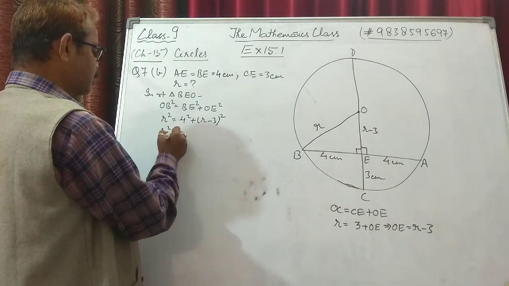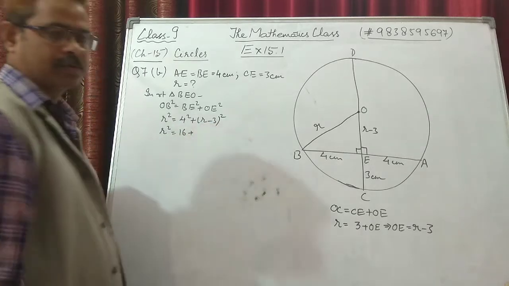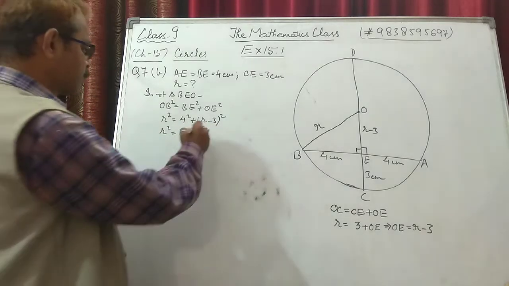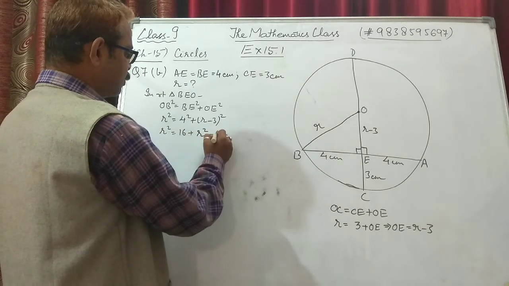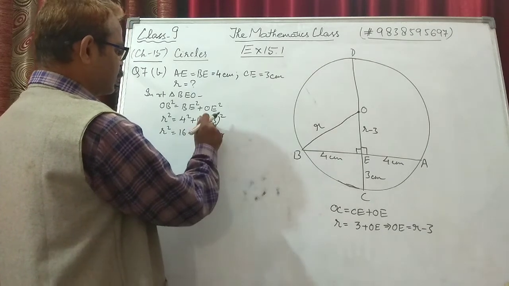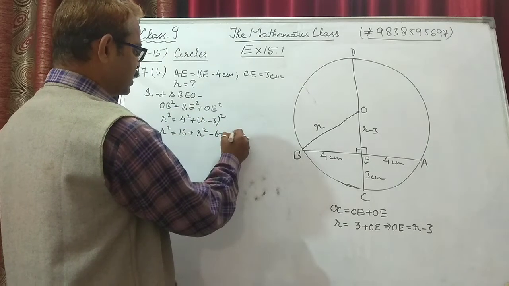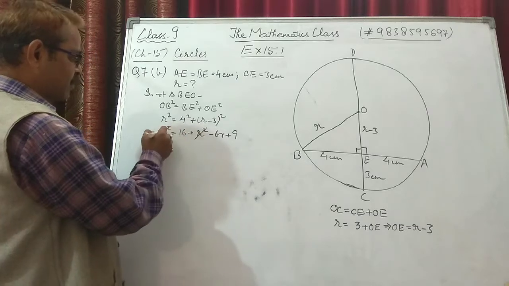This will be R square is equal to 4 square, which is 16, plus the expansion according to the formula (A minus B) whole square, that is A square minus 2AB plus B square. So R square minus 2 into 3 into R, that is 6R, plus 3 square, which is 9. Now this R square and this R square will cancel.